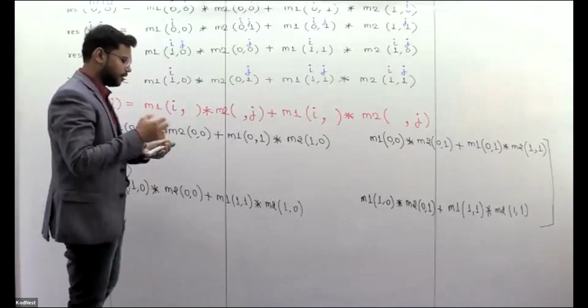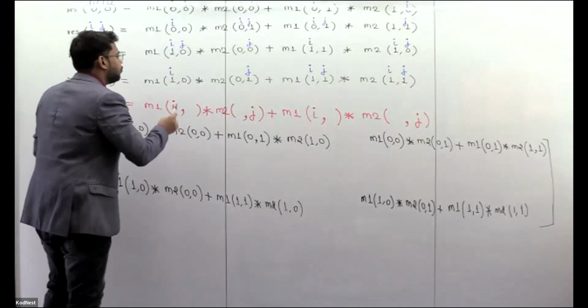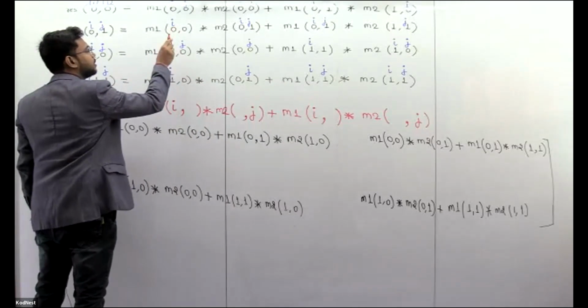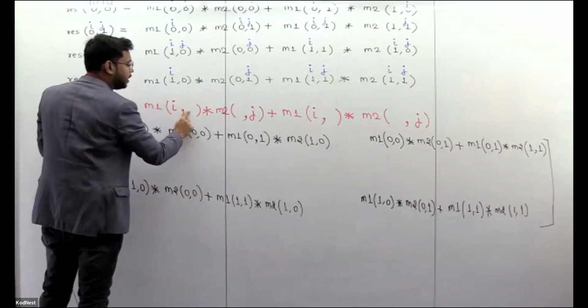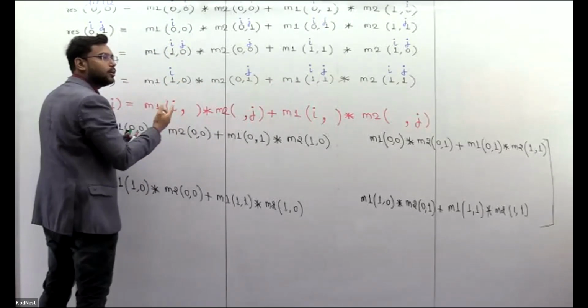But there are some places where I have not got some variable. Why am I not getting these variables? Because these values are not matching. So if this is not I, and here I cannot tell J, it's fine.